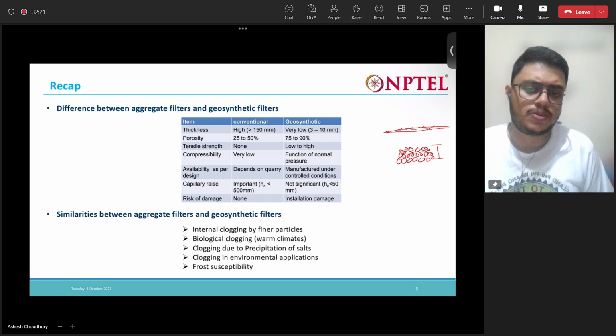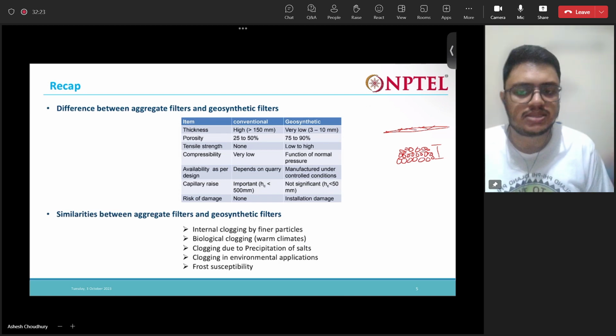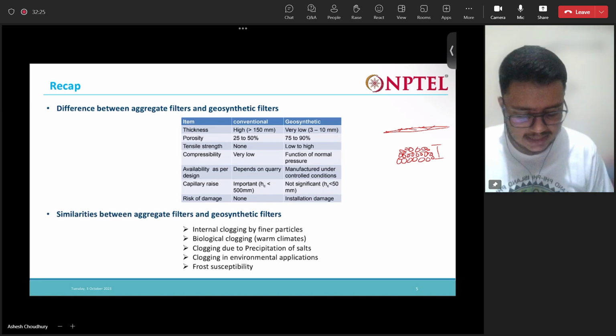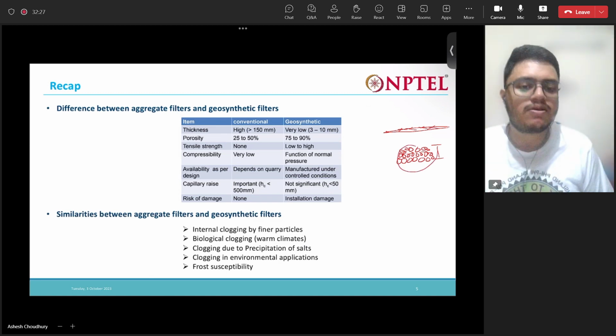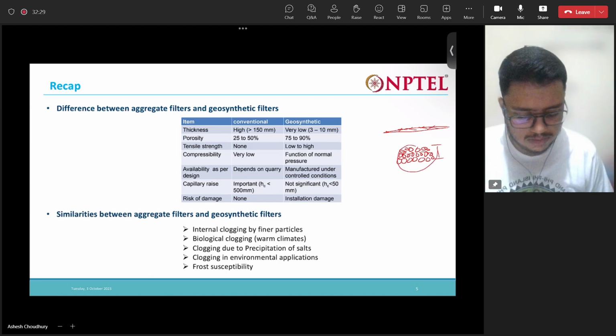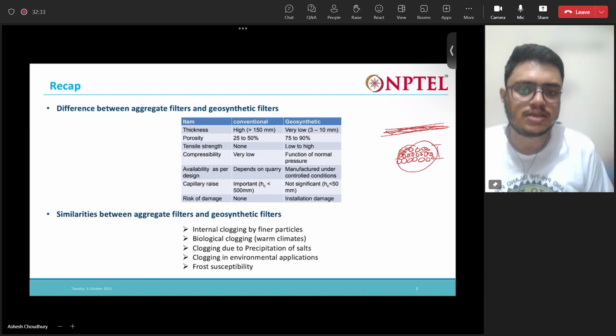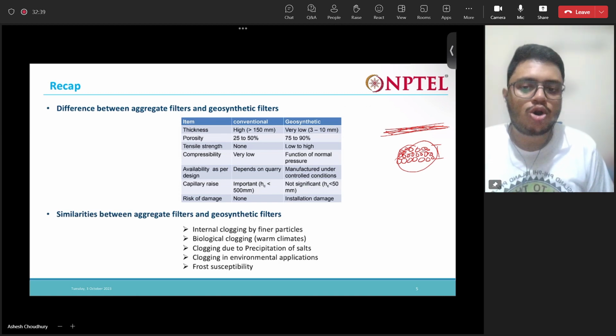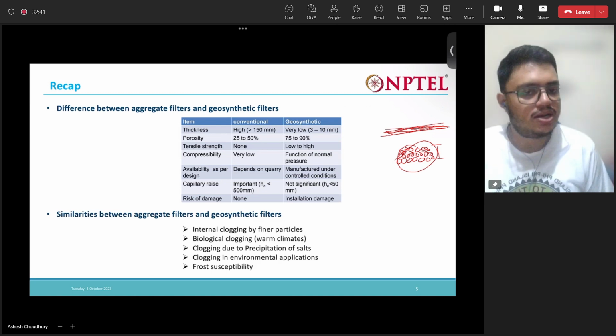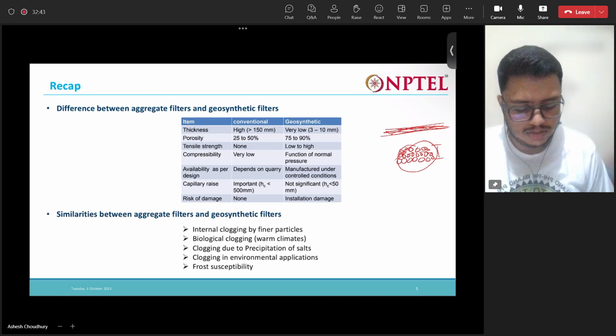Next comes the porosity. The geosynthetic obviously has higher porosity. Tensile strength: soil doesn't have any tensile strength, but the geotextile layer you provide will have some tensile strength. You can choose any geotextile as per your choice. Compressibility is very low for soil. It doesn't compress, which means the thickness is not dependent upon the vertical pressure.